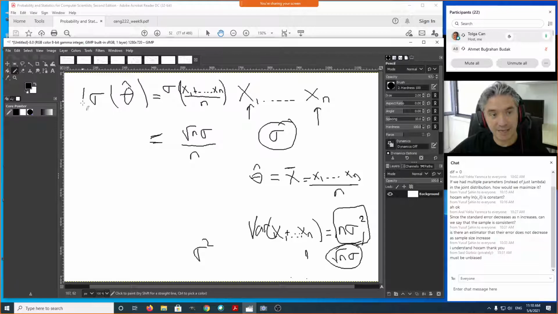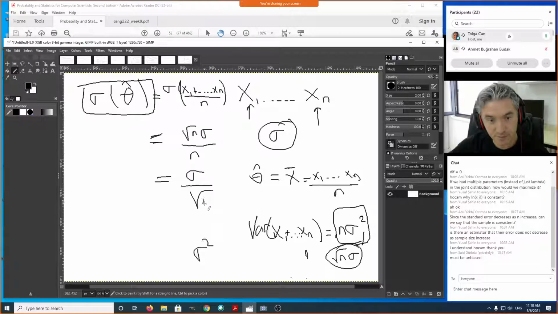So the standard error of the average of your sample is equal to this thing, right? Square root of n sigma divided by n simply means sigma divided by square root of n. This formula here, you're going to face a lot, okay?